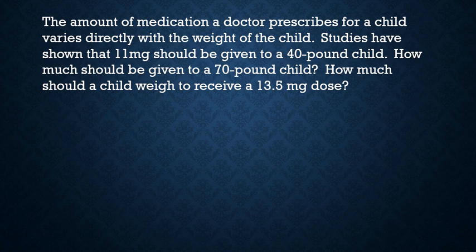We are reading the question first to determine what type of variation model we are going to be working with here. We have the amount of medication varies directly with the weight. We can give these things whatever letter name we want.